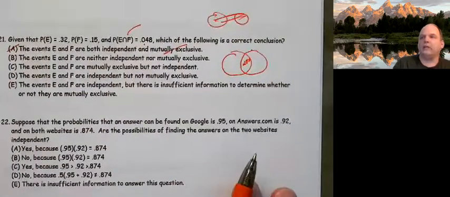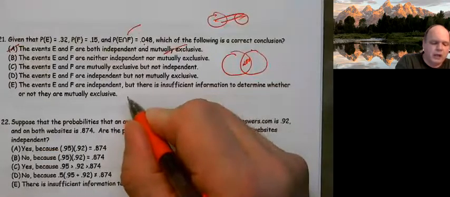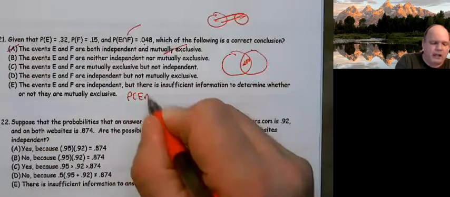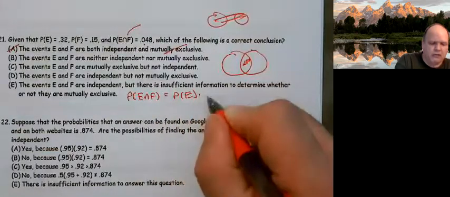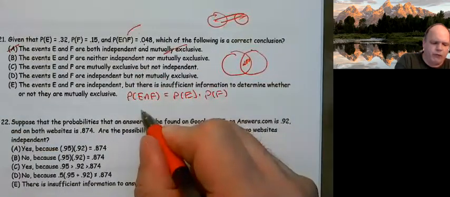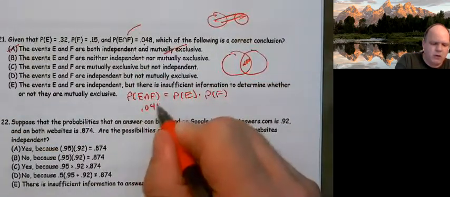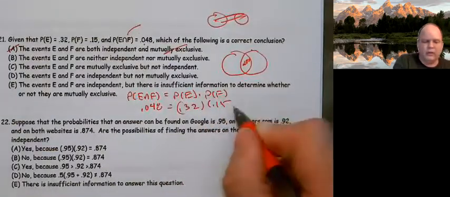Well, the easiest way to test for independence, not the only way, but the easiest way, is the probability of E and F equals the probability of E times the probability of F. So we know that E and F is 0.048, and this is 0.32, and this is 0.15.